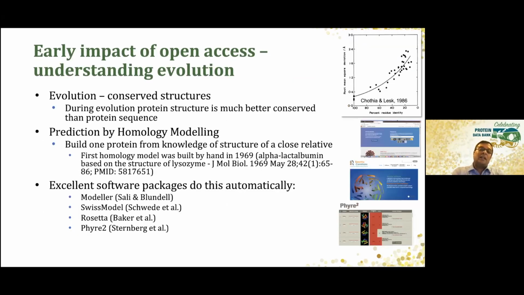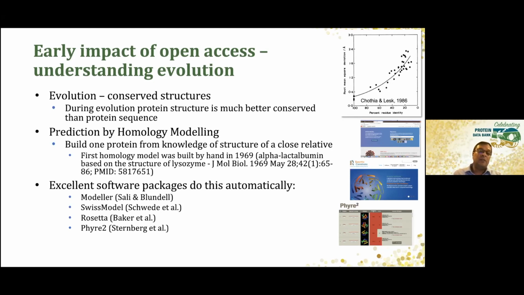And this archiving started, and open access started showing its impact from very early on. So in 1986, this is a famous paper from Chothia and Lesk, and we started understanding the fact that during evolution, protein structure is much better conserved than protein sequence.